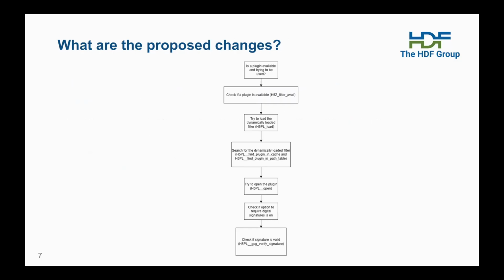Yes, so I can talk a little bit further about exactly what is happening for the plugin creator when this feature is introduced. The plugin creator, as before, will develop their plugin, but once they're finished, they will create a key in GPG and use that to sign the plugin.